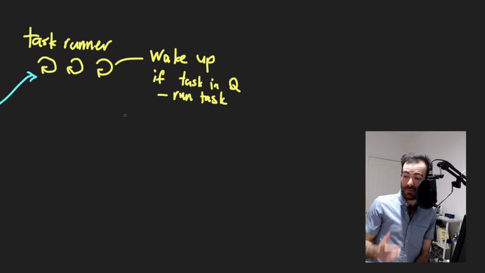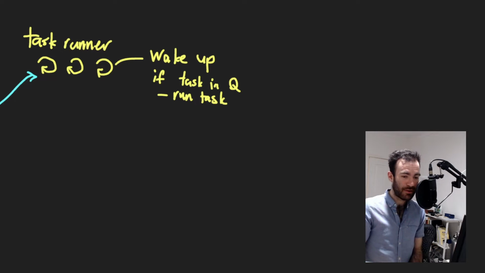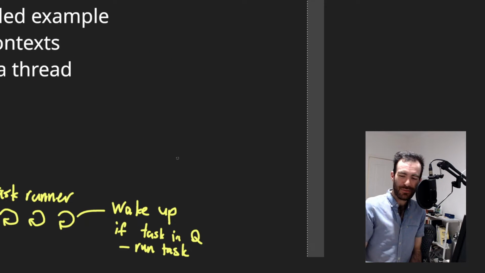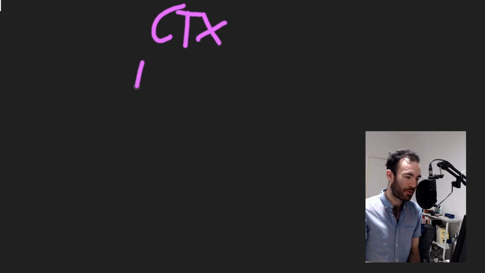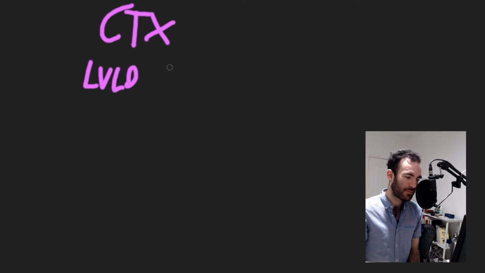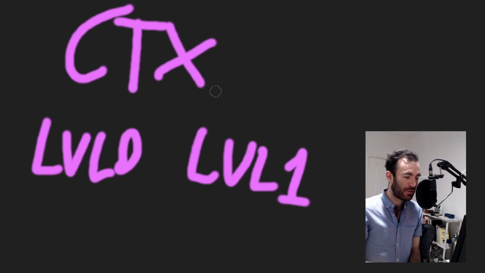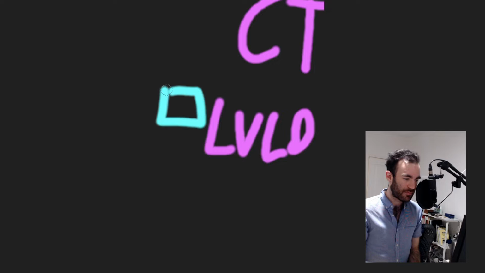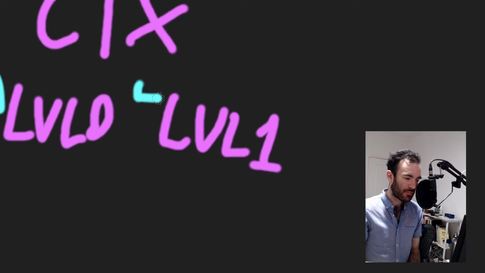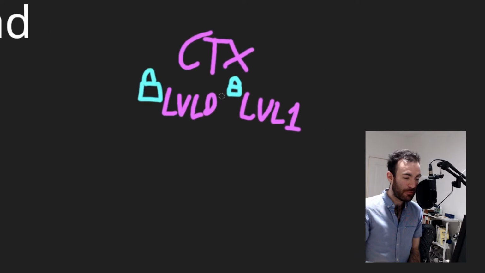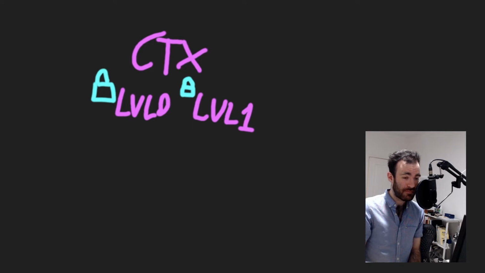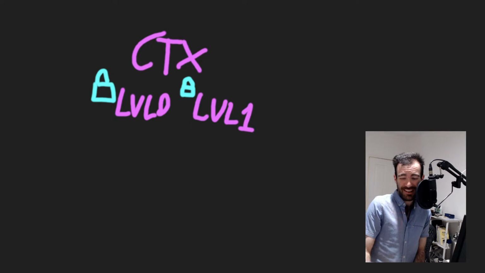Now, loading a level is going to get more complicated because we're going to have to make sure that we're not clobbering our own work. So we have our context, and our context owns a couple of levels, at the moment only 2. We're going to need to put locks on these levels.